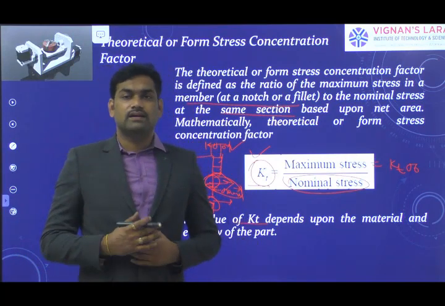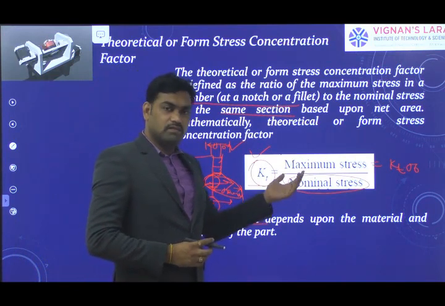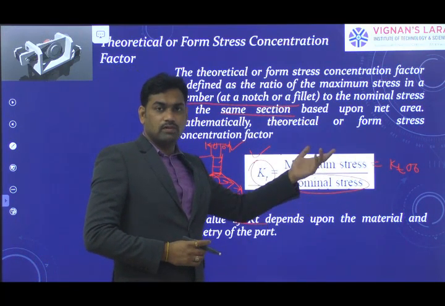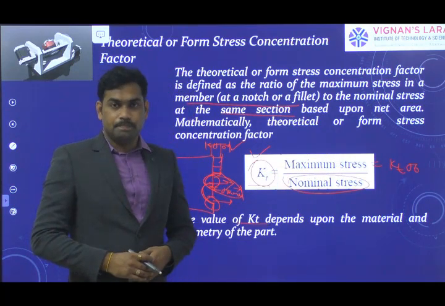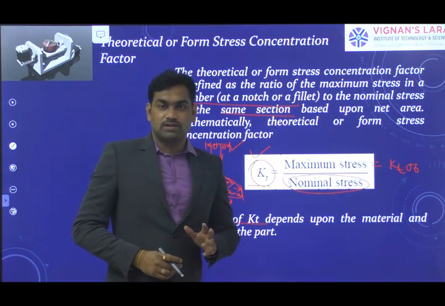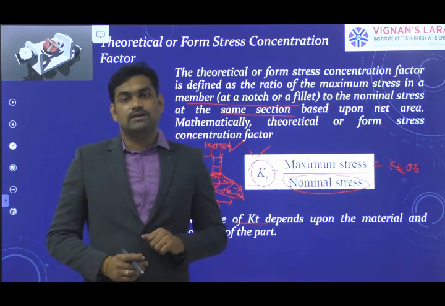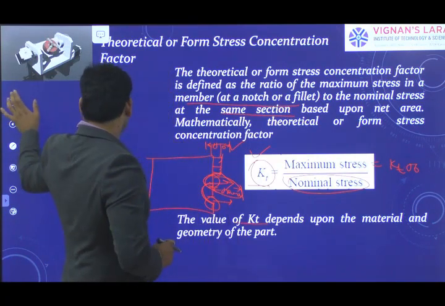So how do we calculate this theoretical stress concentration factor? Whenever we know the value of Kt, we are able to know the maximum stress concentrated at a particular point. Clear? In order to find the theoretical stress concentration factor, we have two different methods: a mathematical method and an experimental method.